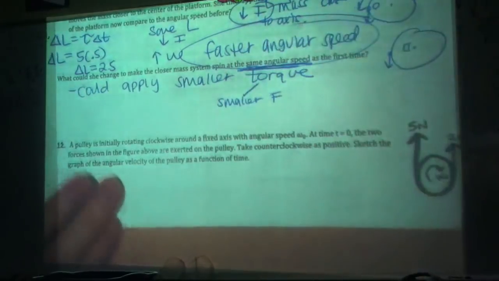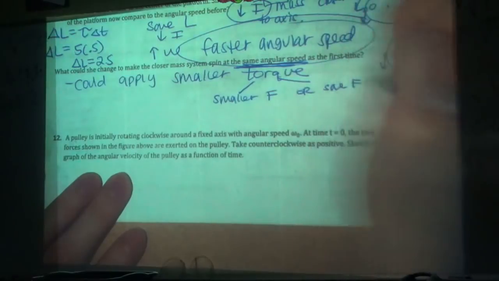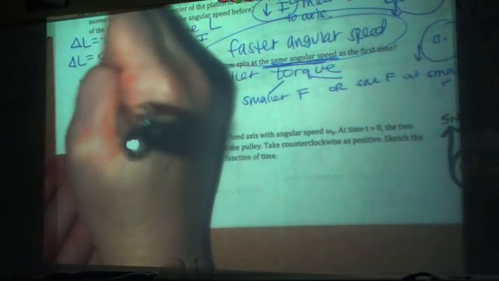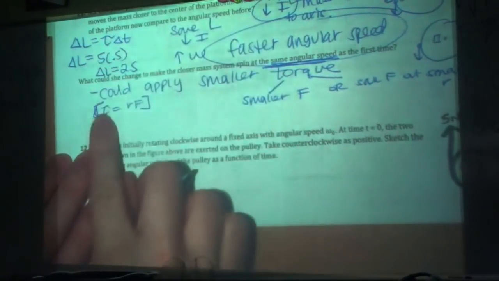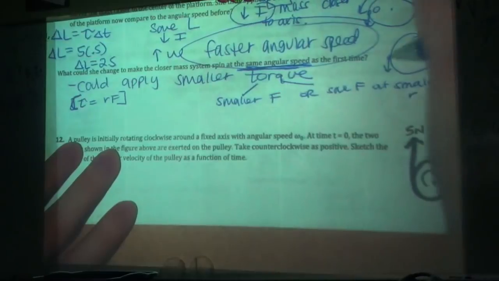That's probably the most obvious one. Or you could have the same force, but at a smaller R. Because remember, torque is R F, so if you want this to be smaller, you just have to decrease one of them. You could have a smaller force, or the same force but at a smaller R, so instead of pushing on the side, push somewhere closer, but with the same force, that would have a smaller torque.